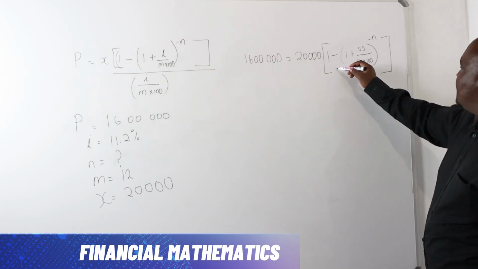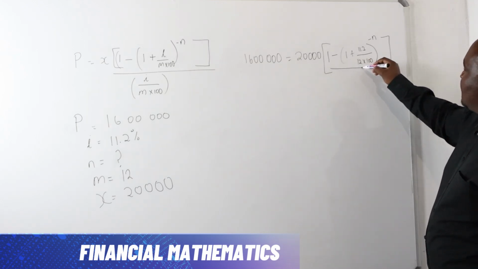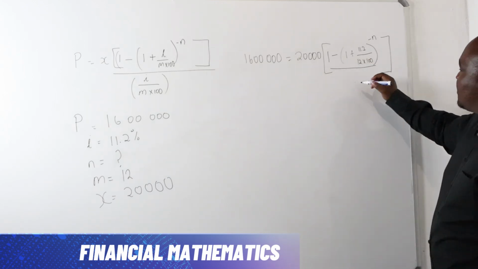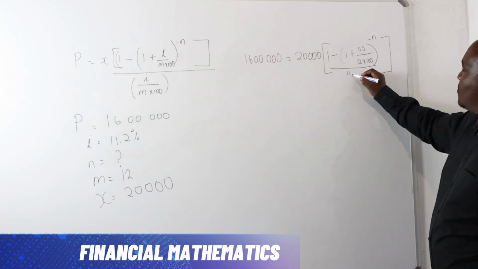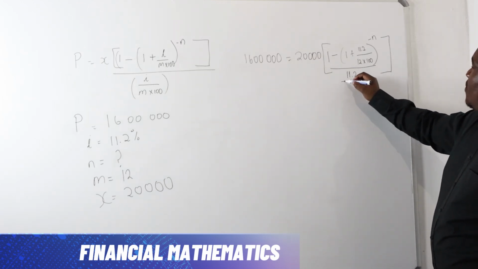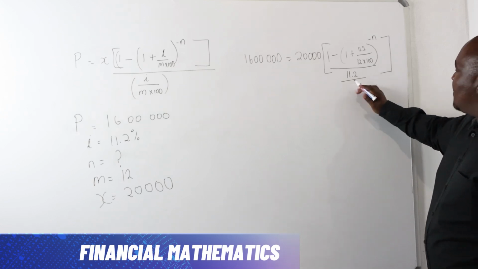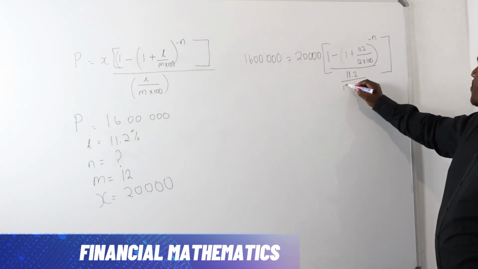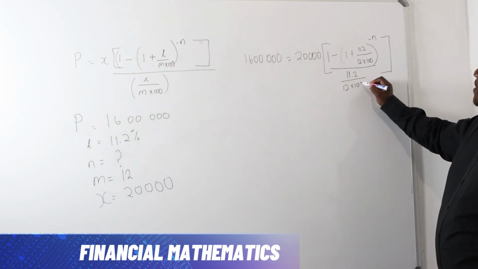Then divide by i, which is 11.2 over m times 100, which is 12 times 100.